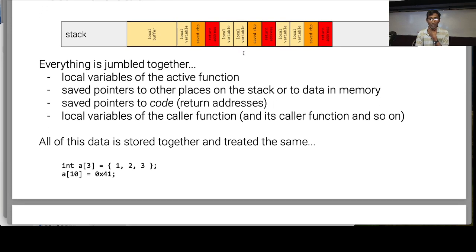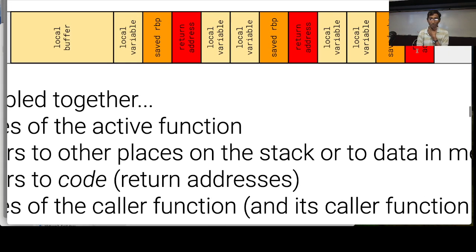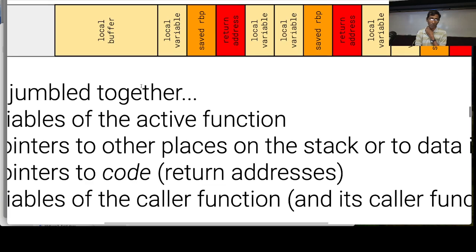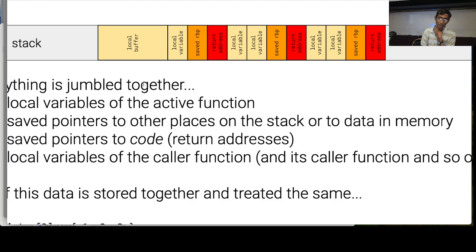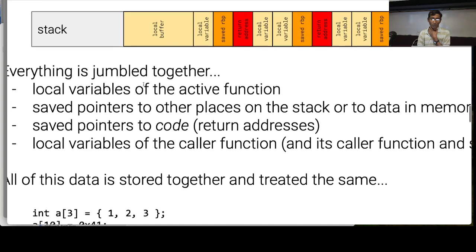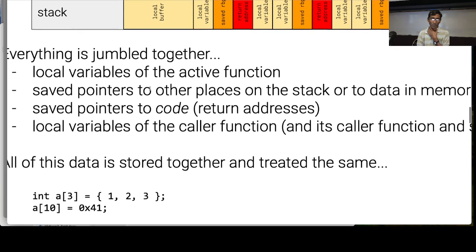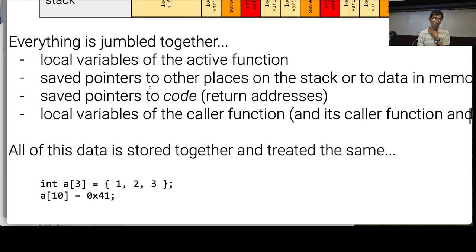So the stack will hold the return addresses, shown in the red part, and the local variables also, with a buffer to retrieve any input from any input output device. And you can see here, everything is jumbled together, and this mixing of the control and data provides a vulnerability and a chance for the malicious attacker to inject his code.